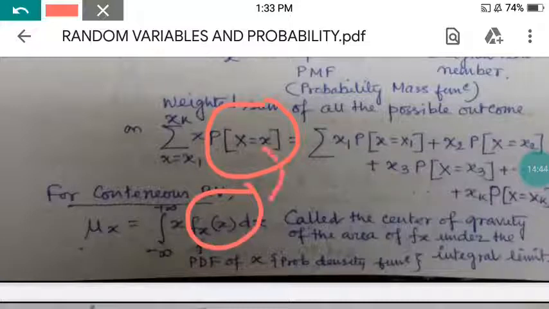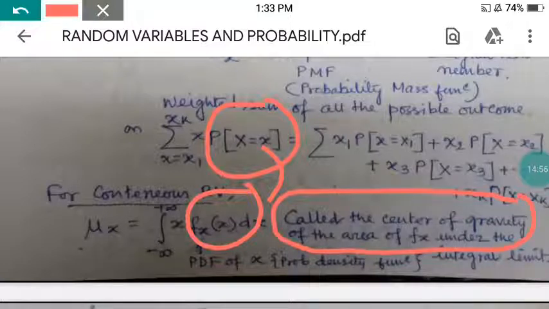So just two changes are there to get mu x in the continuous domain and the discrete domain. I told you in the last lecture class about the center of gravity. What is the name of mu x for continuous random variables? It is called the center of gravity, and generally it is called the expectation, E of x.